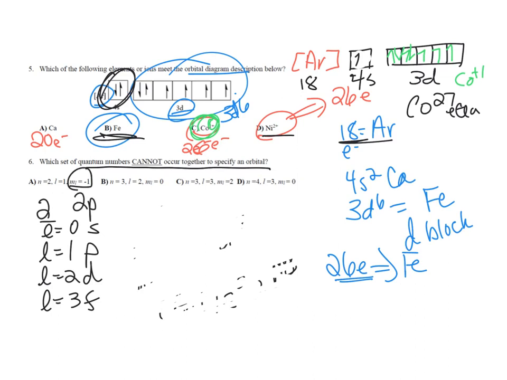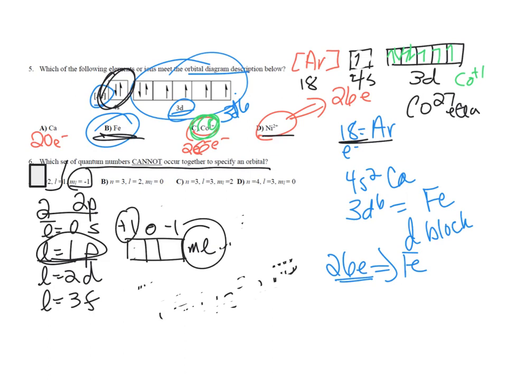And m sub L means if you have a p orbital, you have 3 orbitals, and m sub L would be plus 1, 0, minus 1. So yes, you can have that, and if you look, you can see on the periodic table that there is a 2p block, and if L is 1, then m sub L can be 1.